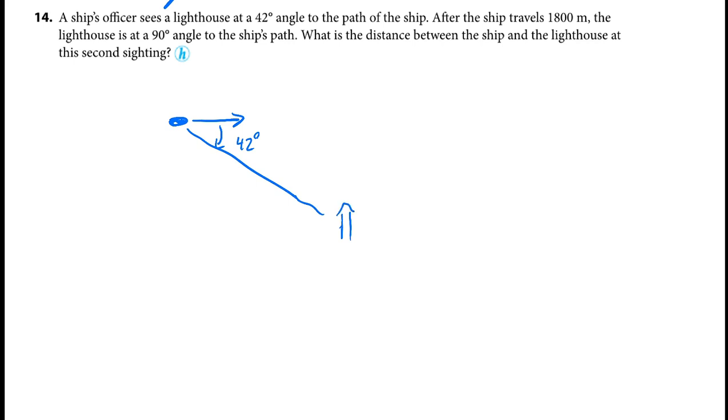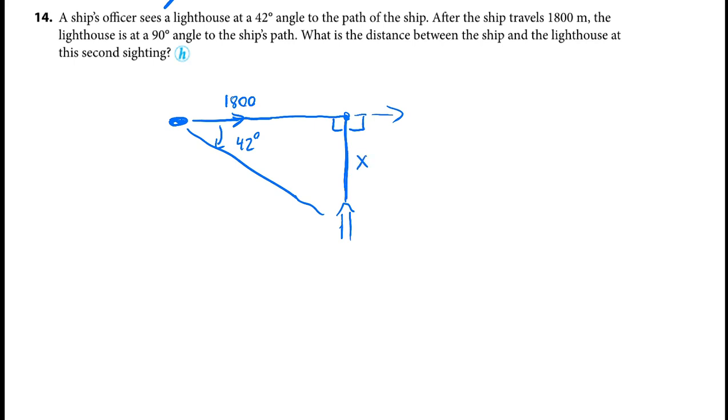After the ship travels 1,800 meters, so he goes forward 1,800, the lighthouse is at a 90 degree angle. Oh, so he went all the way to here, and there was a 90 degree angle now, right? The ship's path is this way, and now there's a 90 degree difference. What's the distance between the ship and the lighthouse at the second sighting? So in other words, what's this distance here?